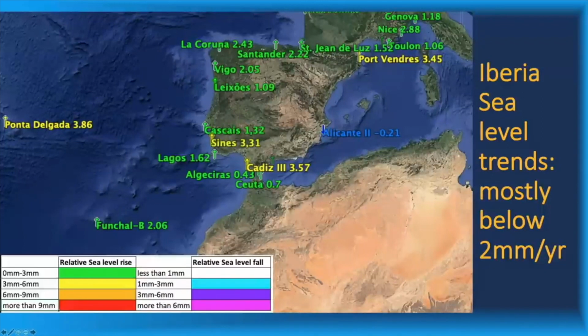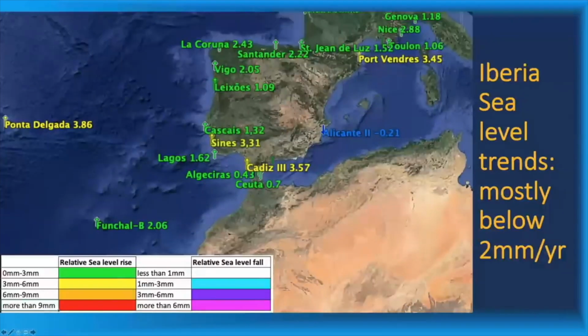So at Sines you have bigger than 3 millimeters, at Cadiz also, at Port-Vendres in France also higher than 3 millimeters. But at Alicante, you can see sea level is going down also.